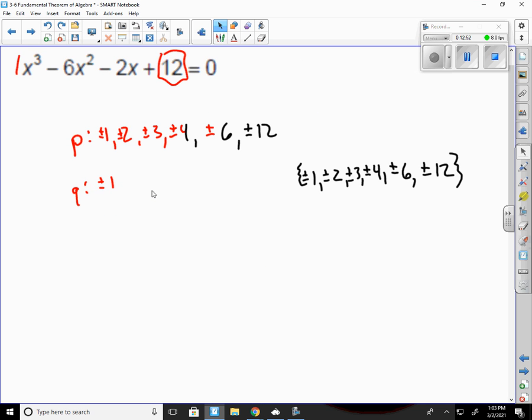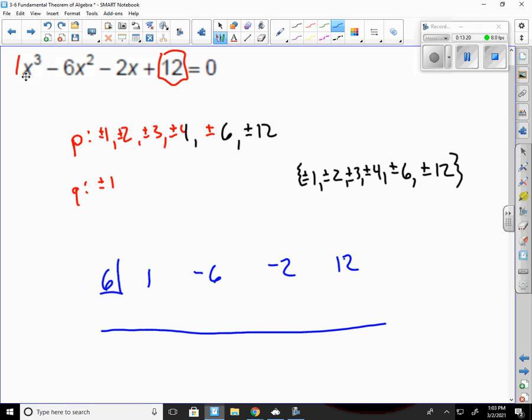Now I do my synthetic division, starting with 6. Since this is x to the third, I know that I'm going to end up with 3 roots. So that's 6, then it's 1, negative 6, negative 2, and 12. I said 12 and wrote 13. So those numbers come from up here.